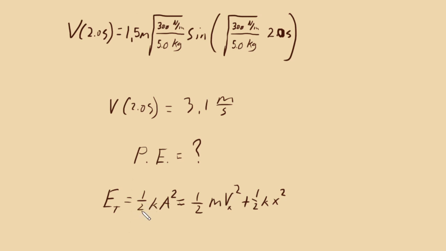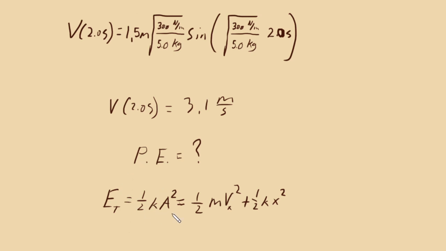We know the potential energy from a spring we saw before is equal to 1/2 k. In our formula sheet, it would be 1/2 kx squared. But for our total energy, we want the total potential energy when we had no motion and our box was displaced to our max amplitude from equilibrium.